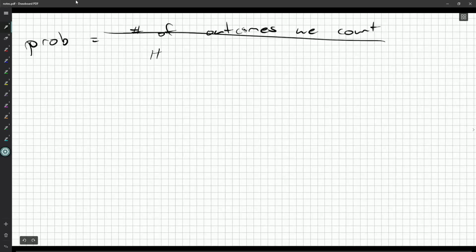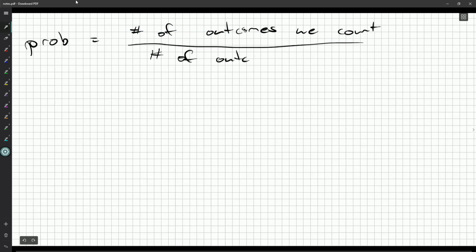So probability is number of outcomes we want to count over the number of outcomes that are possible. So in how many ways can two sheep be selected?